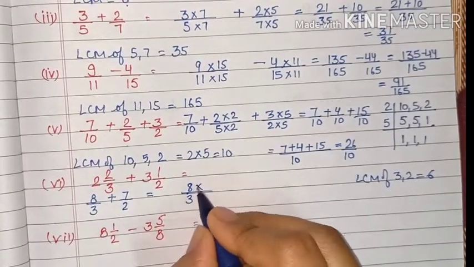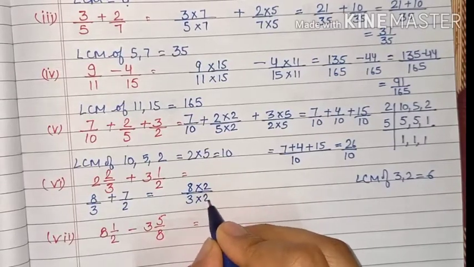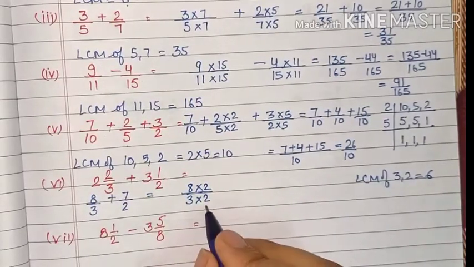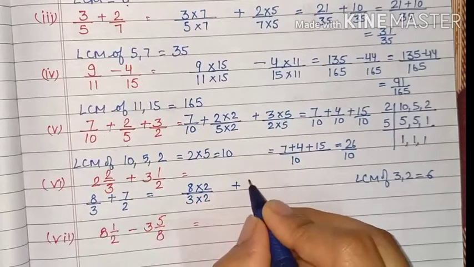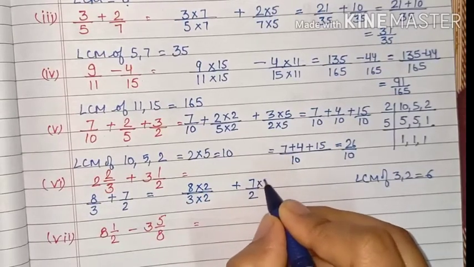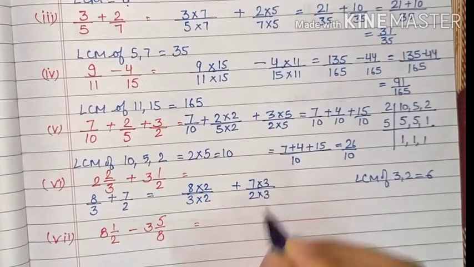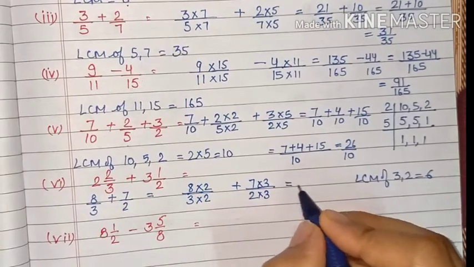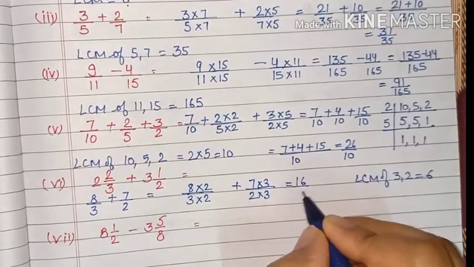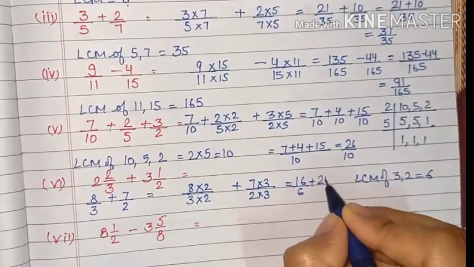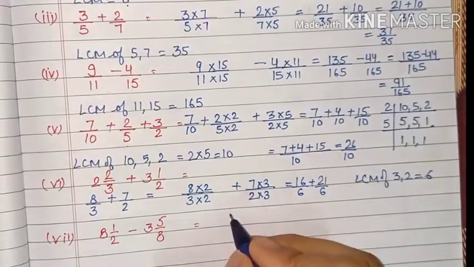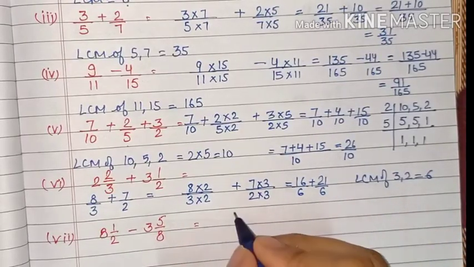For that, we will multiply 8 by 2 with 3, so that we can have denominator 6, and 7 by 3 with 2. So we will have the fractions 16 upon 6 and 21 upon 6. And now we will add them.